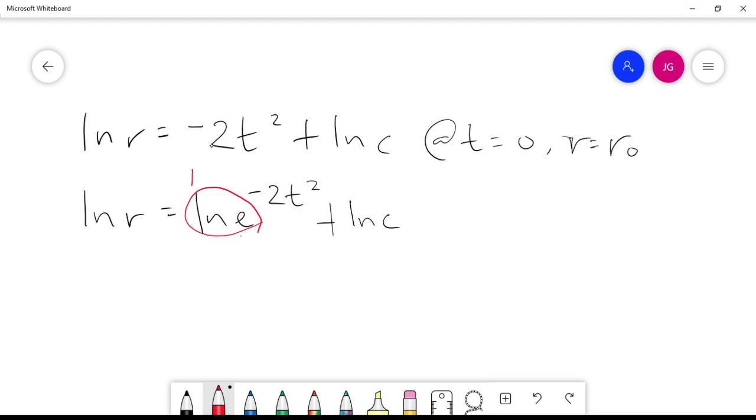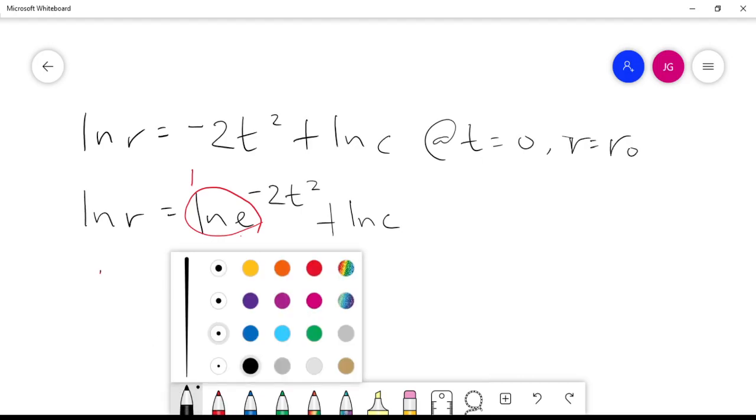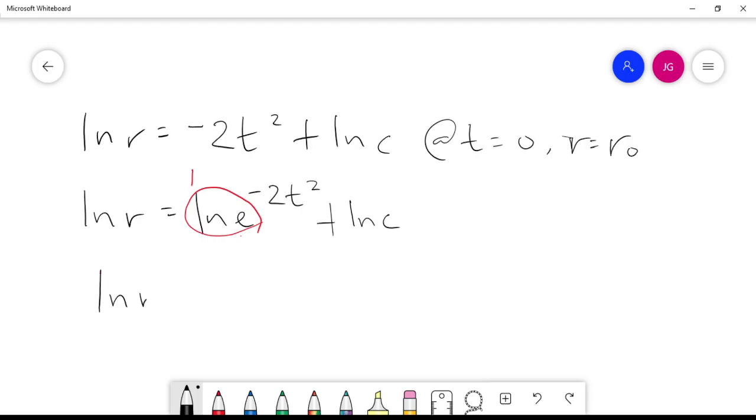So this is also the same with negative 2t squared. Okay, so afterwards, combine na to. Kaning side, that is ln r is equal to ln c, then e raised to negative 2t squared.